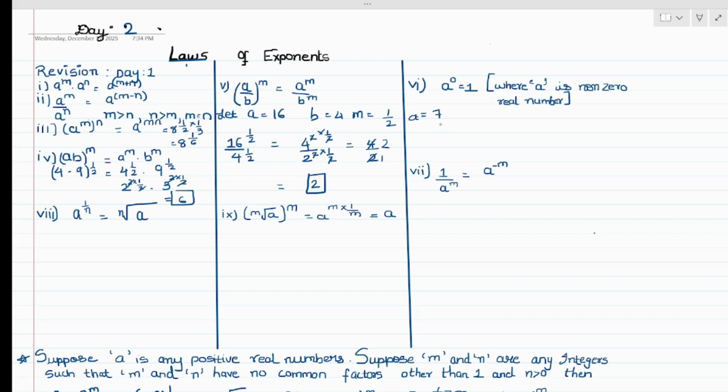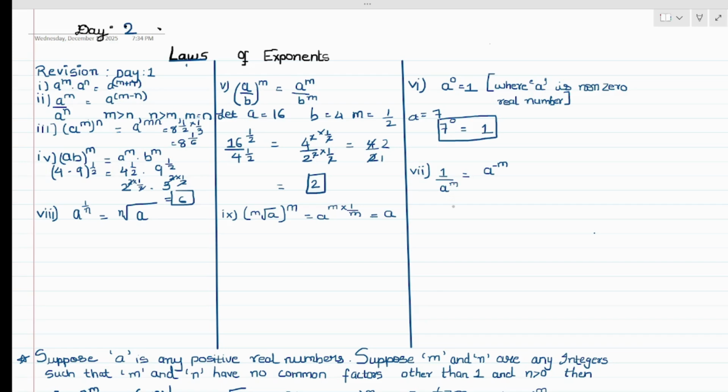Substituting the value, 7 raised to 0. If any number has power 0, it will always give me the answer 1. You should keep this in mind: whenever any number has power 0, your final answer will always be equal to 1.